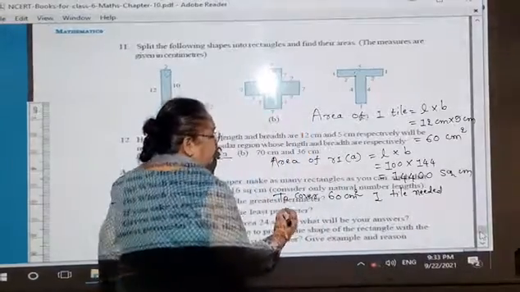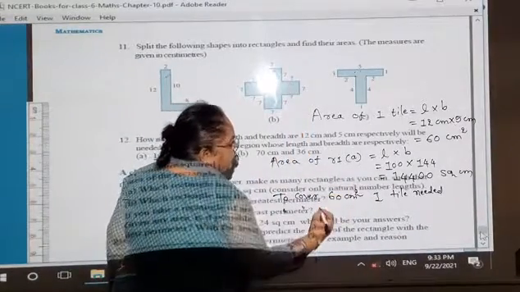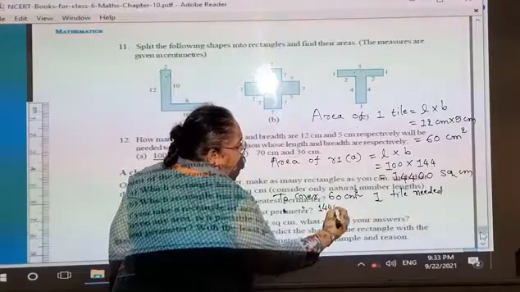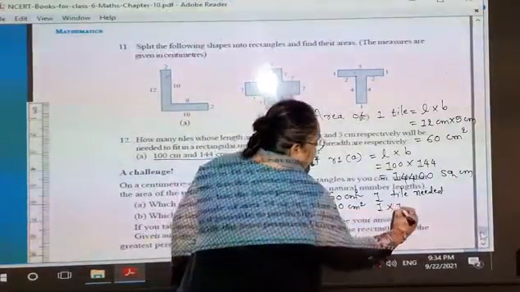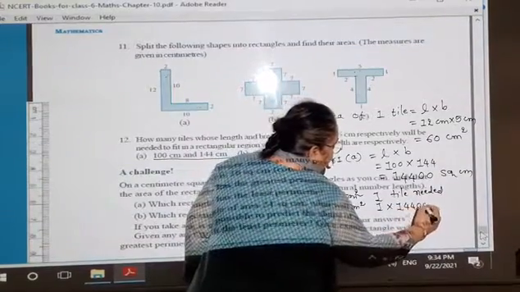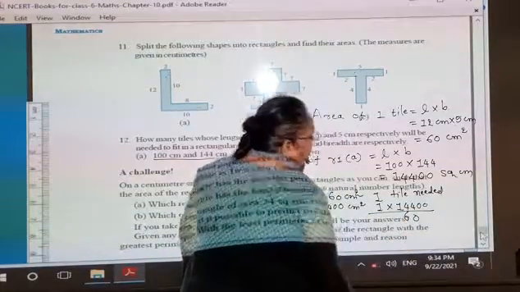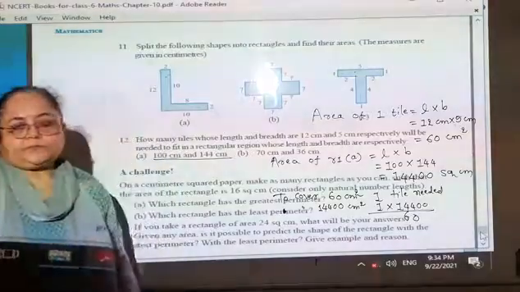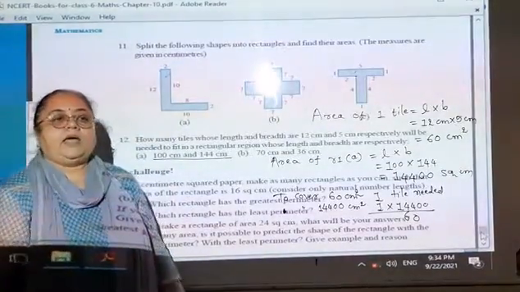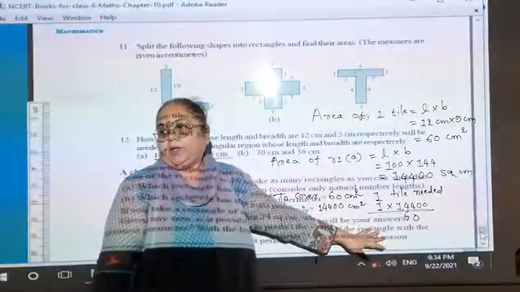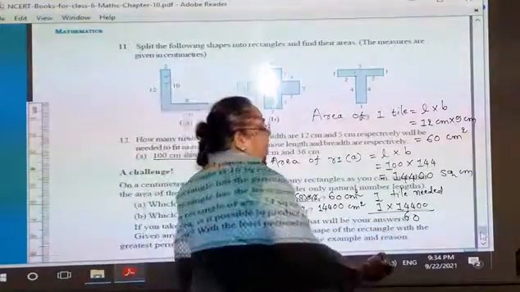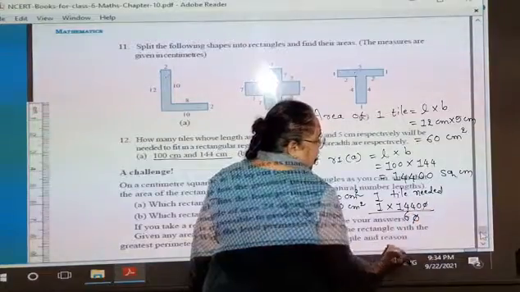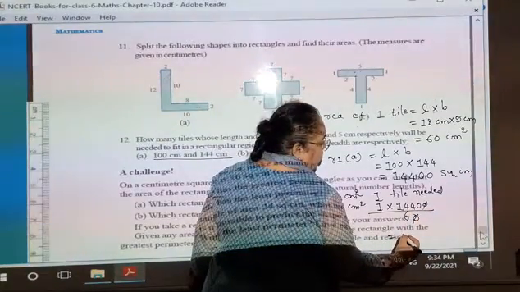Okay, so to cover 14,400 centimeter square, 1 multiplied by 14,400 divided by 60. Okay, clear हो इस step पे? Is there any doubt? No. Okay, so by simplifying it, the zeros will be cancelled.